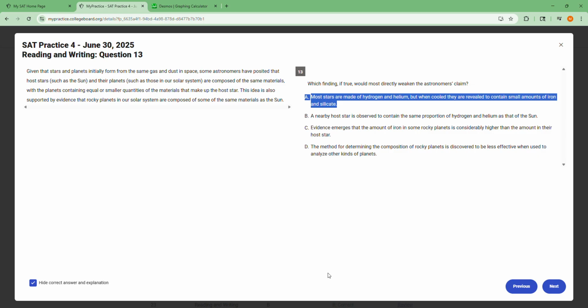B is talking about similarities or differences, but it's between stars and not stars and planets, so it doesn't logically work. Only C is showing off a difference here. Phenomenal job. That was also a fairly timely process through it. That was nice and clean.